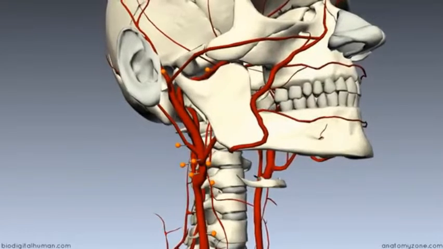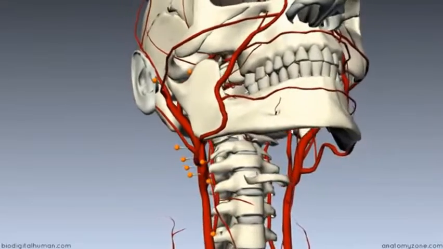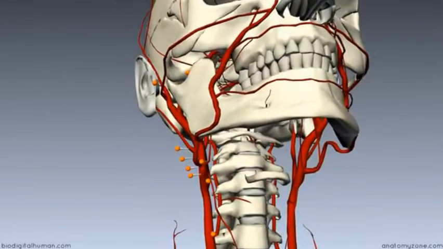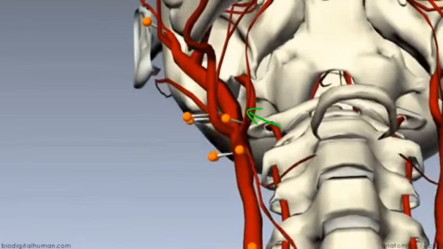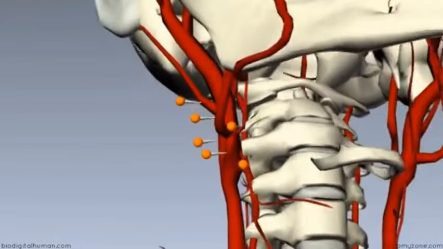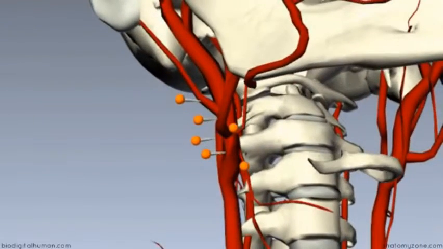Just above the superior thyroid, we've got the second branch, which is the ascending pharyngeal artery. You can see it here. As you can see, this branch comes immediately off the external carotid artery and kind of posteriorly.